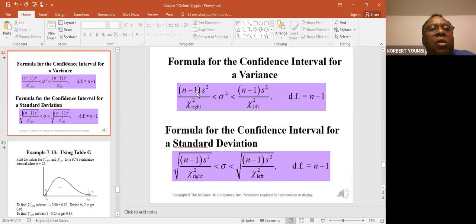You will usually be given the sample size. From it, you will get n-1, and the sample variance. What we want to learn how to compute here is the chi-square left and chi-square right. To find these values, you need your textbook to find the distribution. The chi-square distribution in your textbook is on page 653.